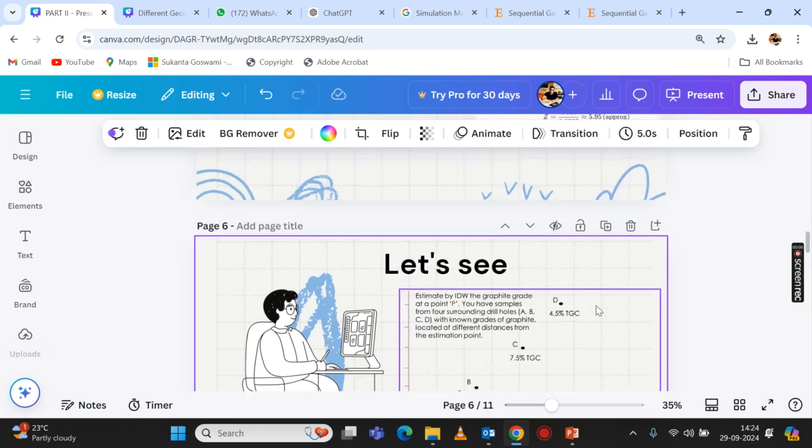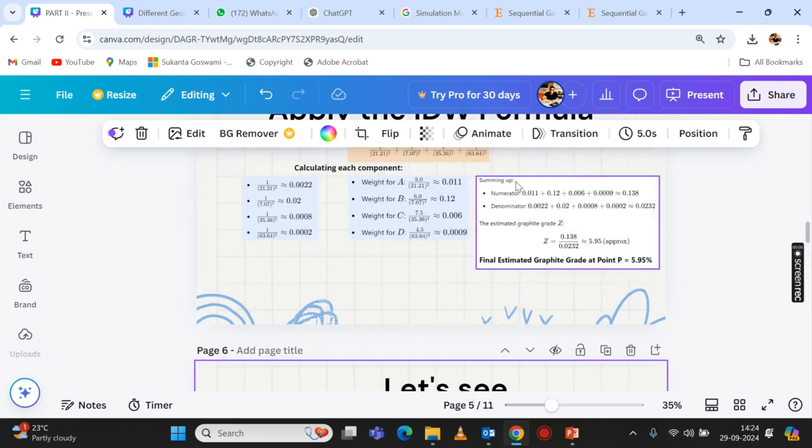All the numerators you sum up and the denominators sum up, then divide.